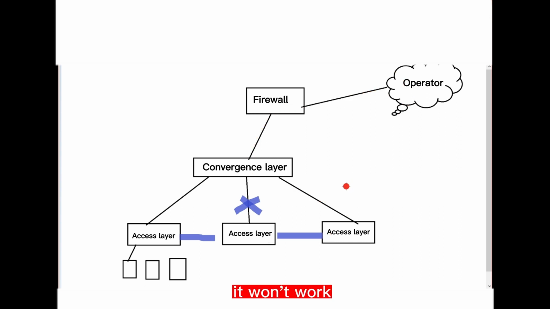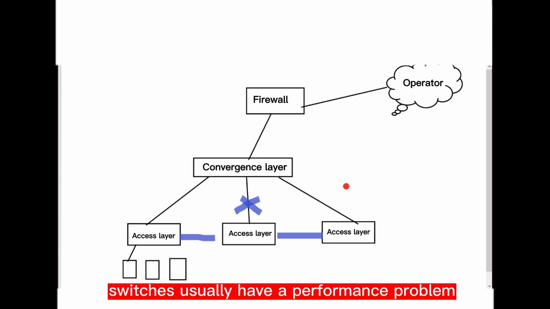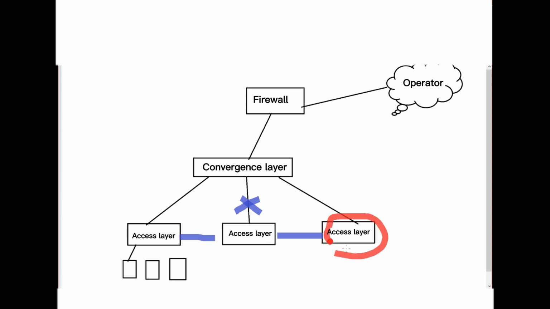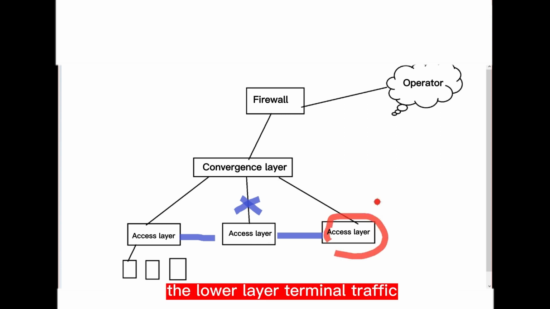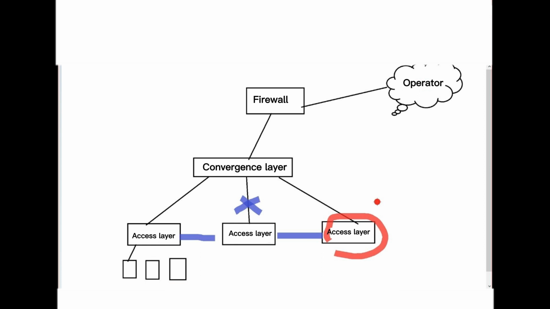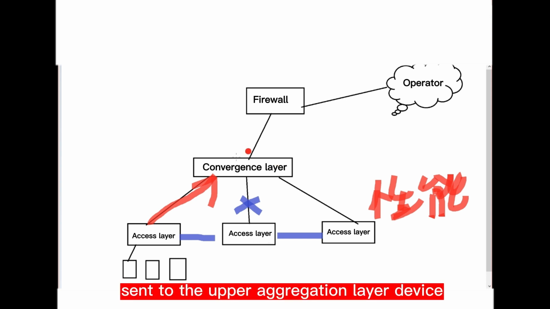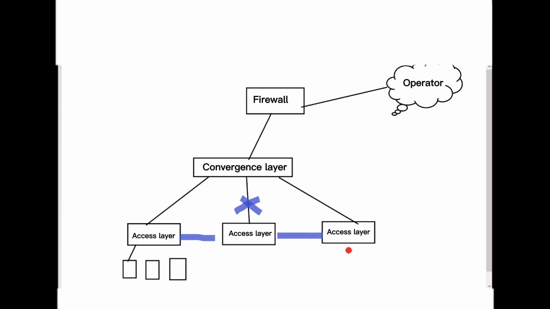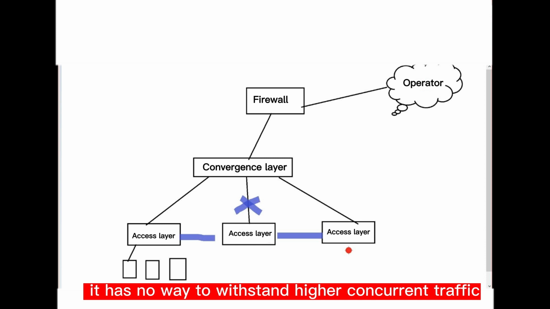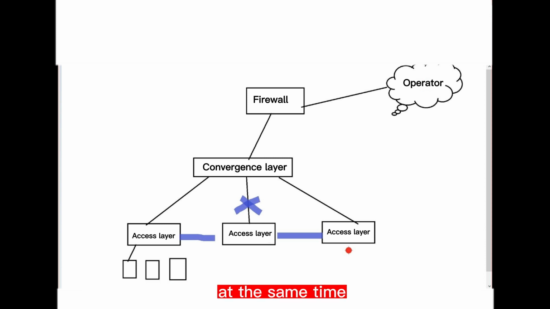It won't work. Access layer switches usually have a performance problem. The lower layer terminal traffic is aggregated from the uplink port and sent to the upper aggregation layer device. On the whole, it has no way to withstand higher concurrent traffic at the same time.